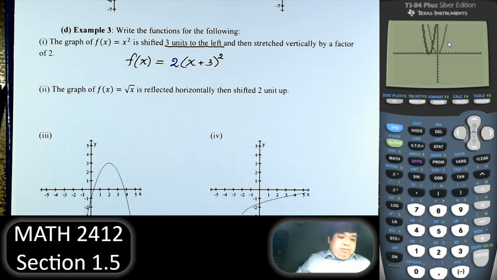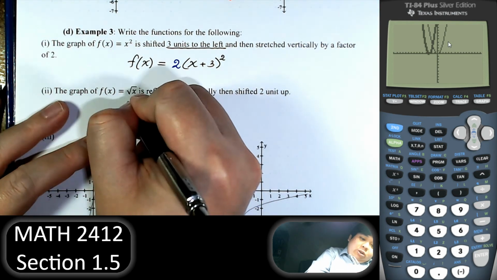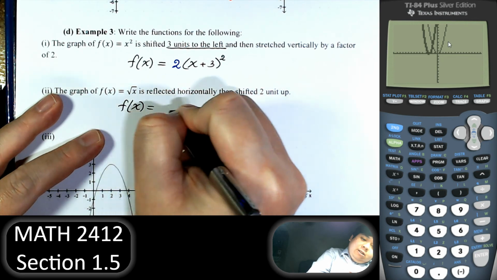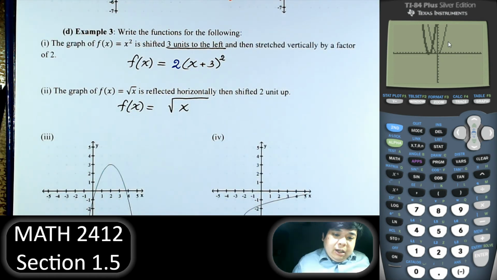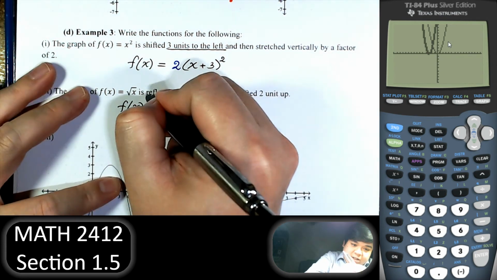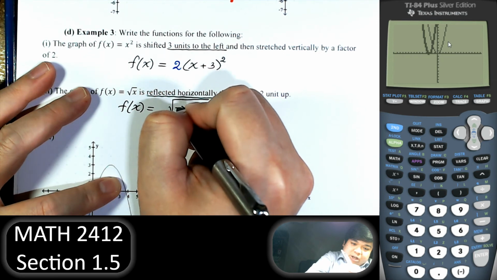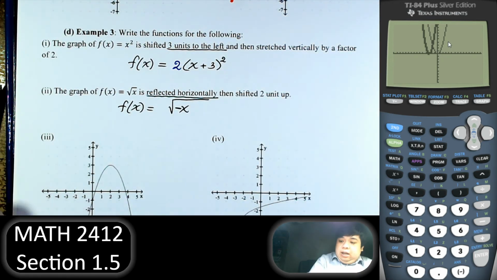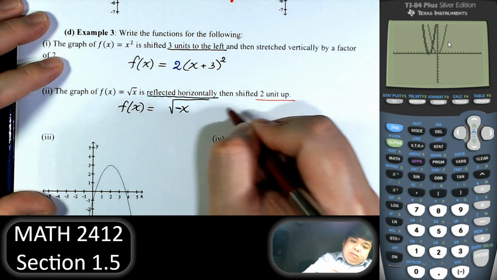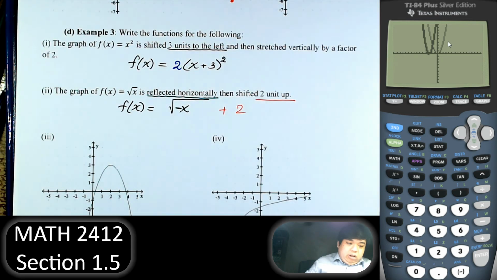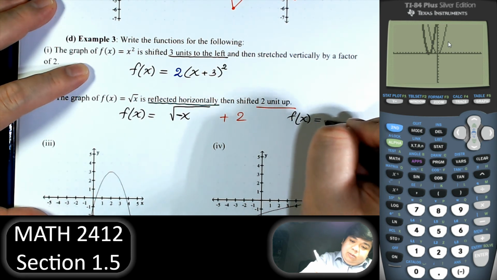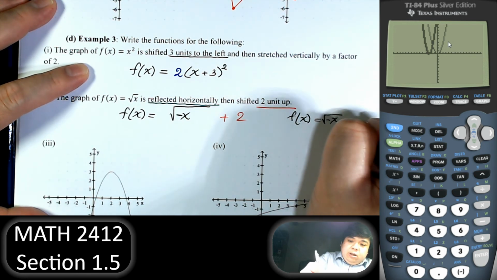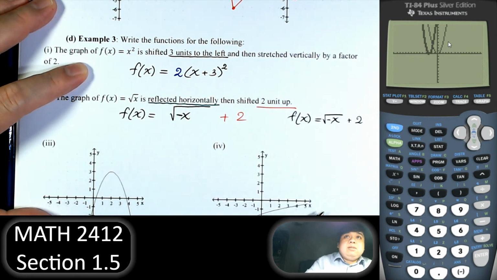Next, we have f(x) equal to the square root of x. This one is reflected horizontally, so we have to throw in a negative, and then shift 2 units up, plus 2. So the graph is actually that.